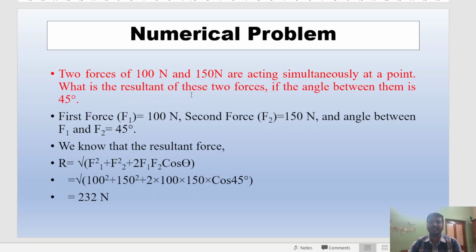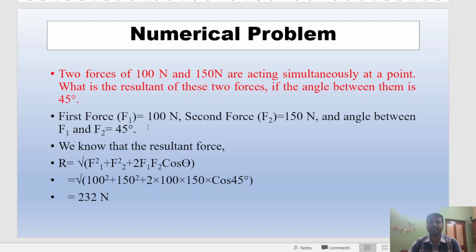What is the resultant of these two forces if the angle between them is 45 degrees? So, first force F1 equals 100 Newton and the second force F2 equals 150 Newton. The angle between F1 and F2, that is theta, equals 45 degrees.